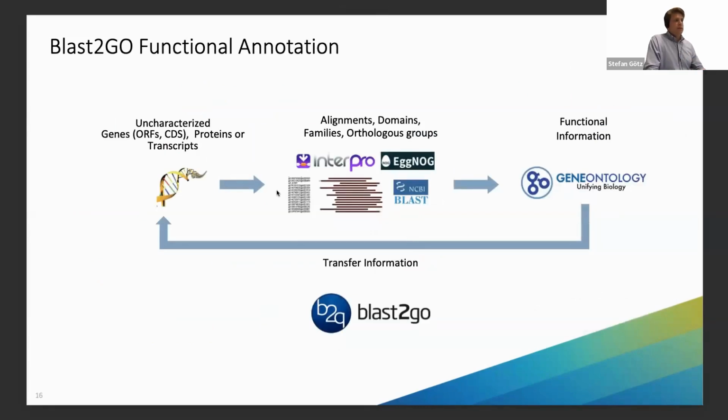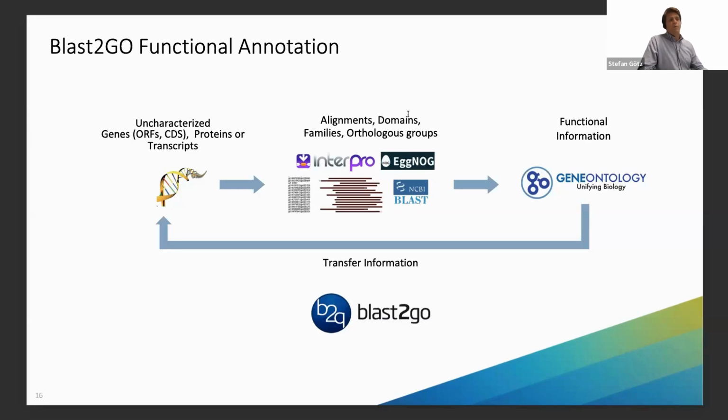But maybe first, something about the functional annotation process itself. It's pretty basic, but maybe it's good to remind this. So normally we start with uncharacterized sequences. That means genes or proteins or transcripts. And for those sequences, we perform certain algorithms, which means we align them.